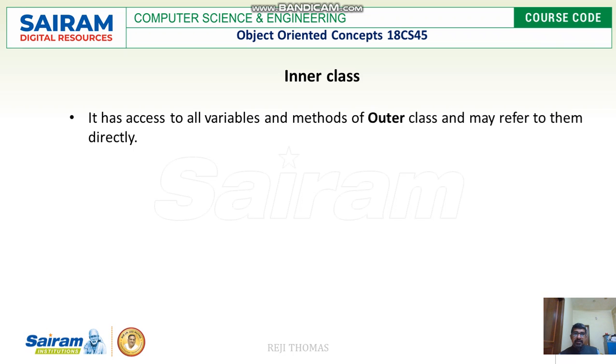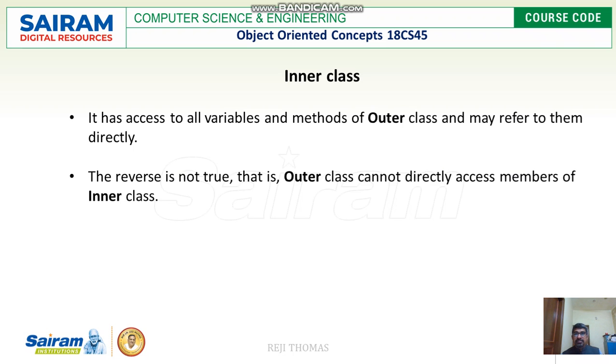Normally, an inner class has access to all the variables and methods in the outer class. So please remember what is the outer class and what is the inner class. The class within the class we call an inner class, and the inner class has access to the variables and methods in the outer class. This is the first point you should remember.